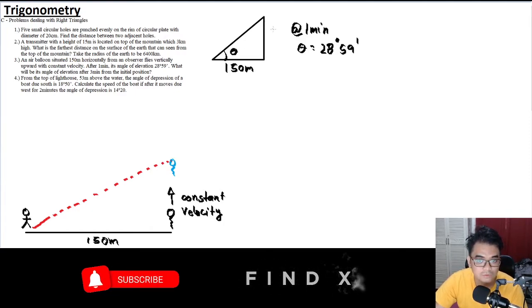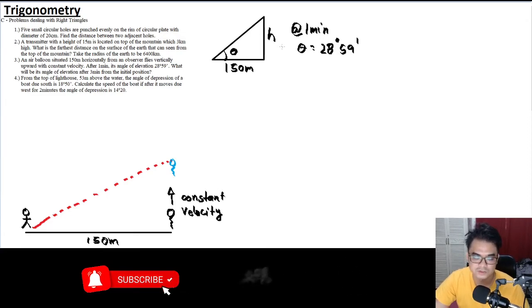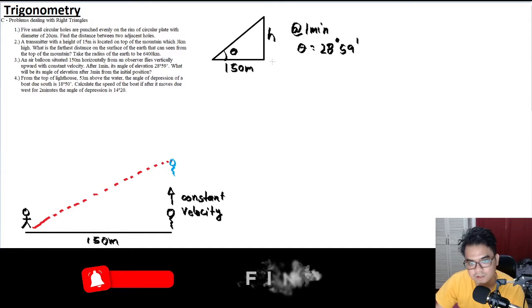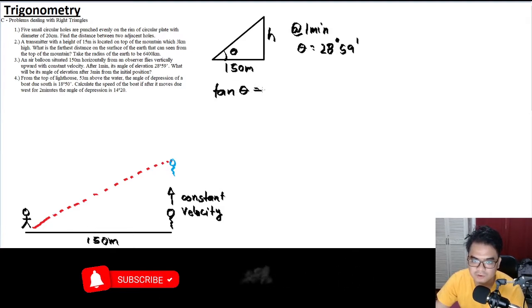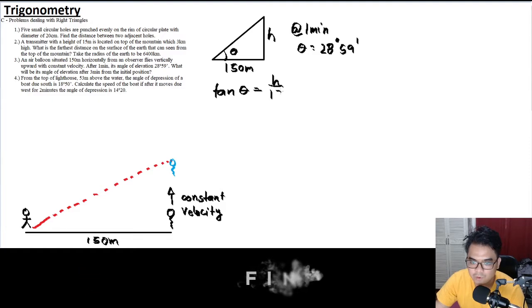And then we can get this x, or we can get h, right? Yeah, we can get that h. So solving for that h, that will become tangent, right? That's opposite over adjacent. Tangent theta is equal to h over 150.